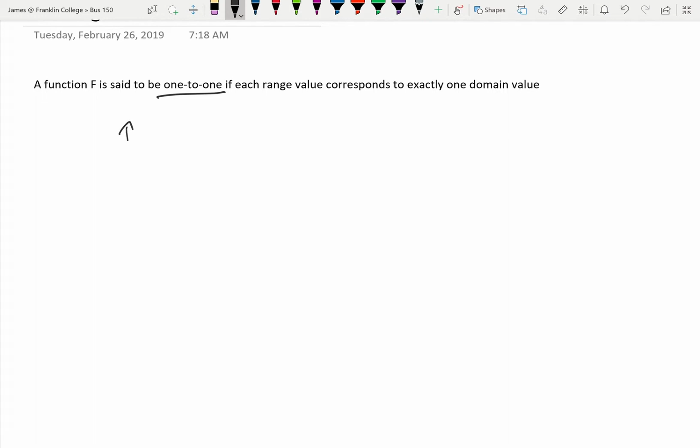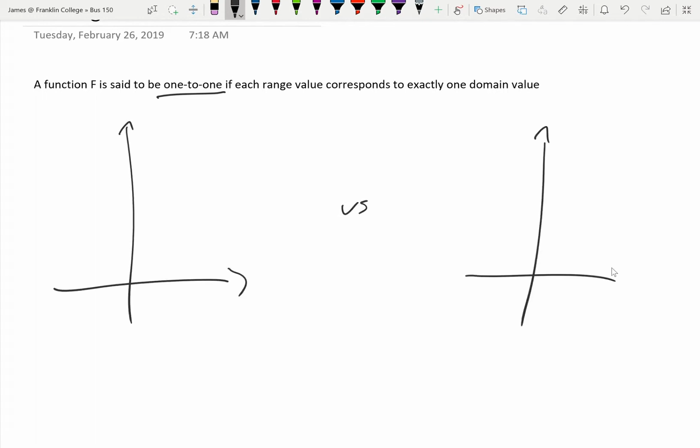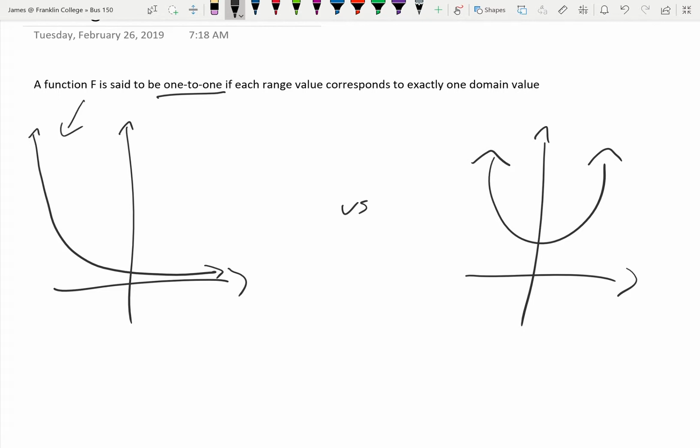So let's contrast two different functions and see which one is 1 to 1 and which one is not. These are two that we have seen so far, with this being an exponential function and this being a parabola.